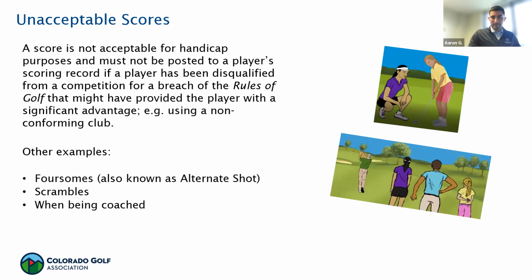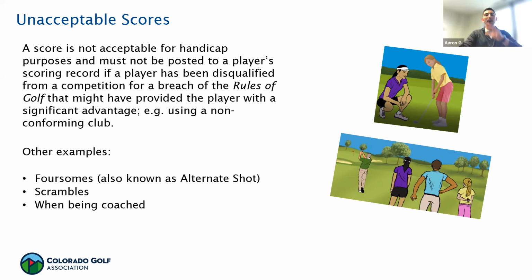Unacceptable scores, as you can see here, must not be posted to a player's scoring record if a player has been disqualified from a competition for a breach of the Rules of Golf that might have provided the player with a significant advantage. The reason why I slowed down there is to emphasize significant.